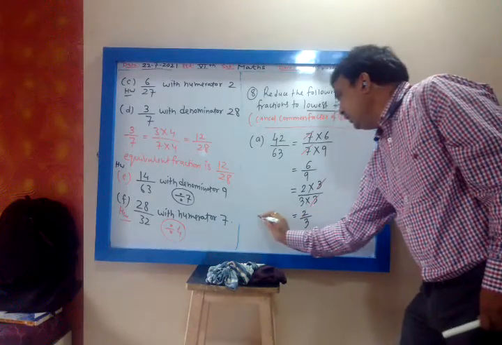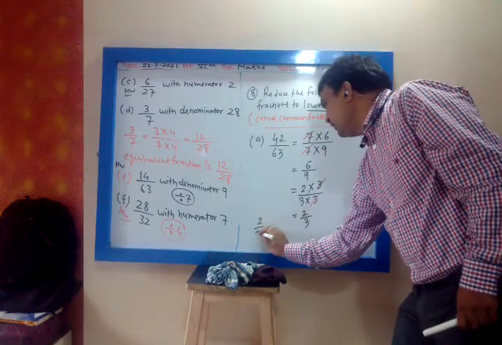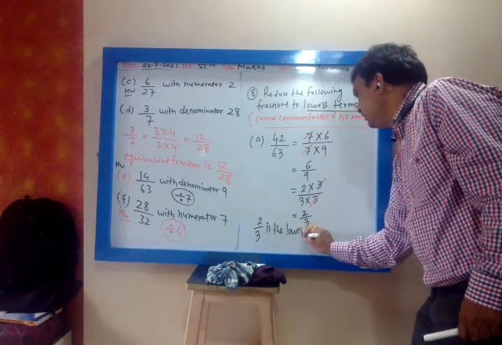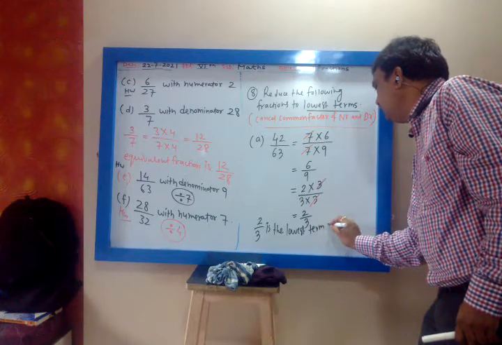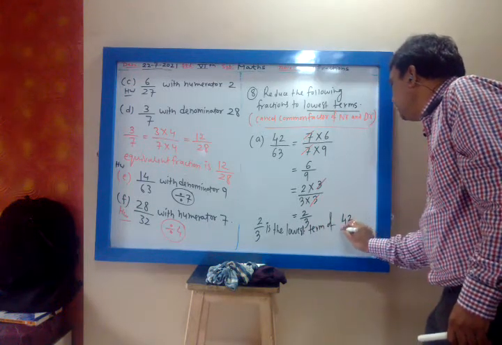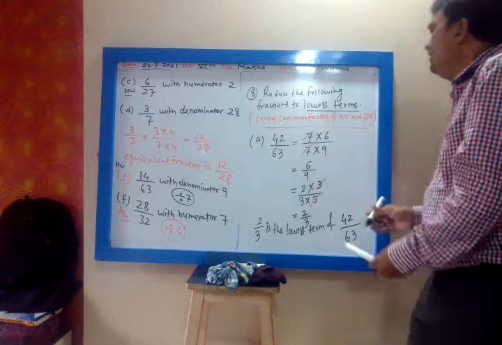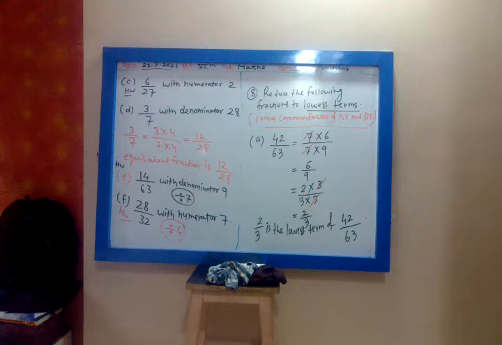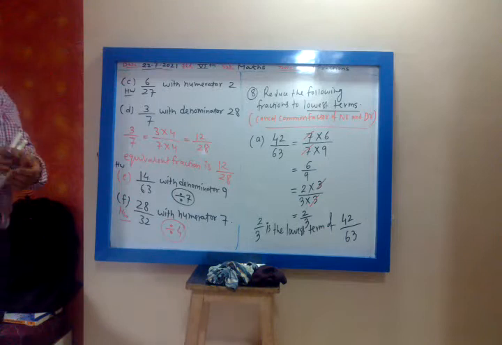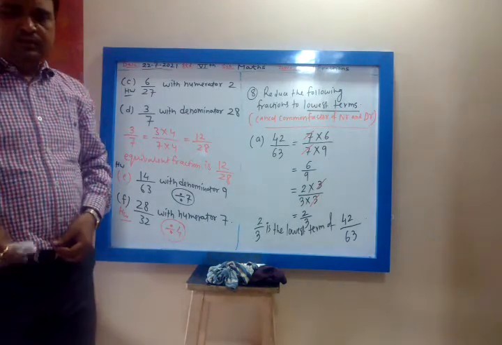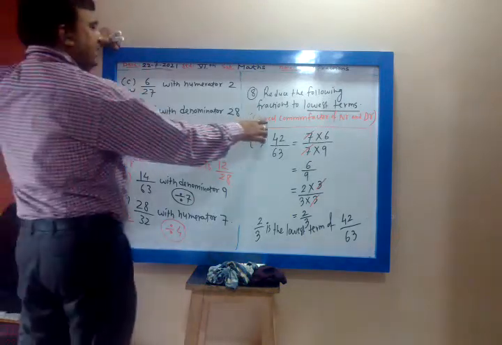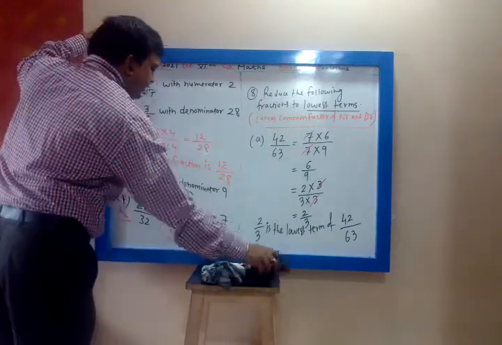So 2 upon 3 is the lowest term of the fraction 42 upon 63.